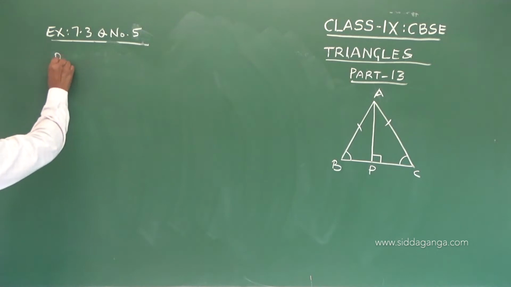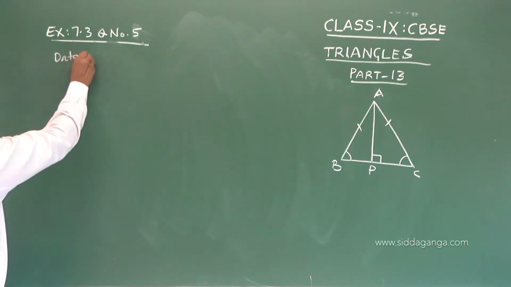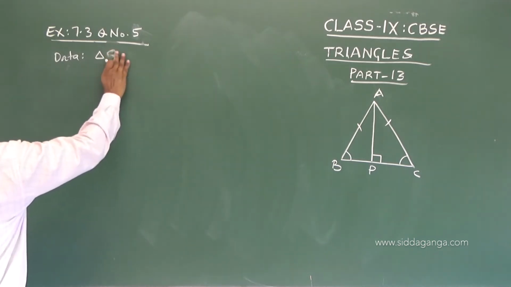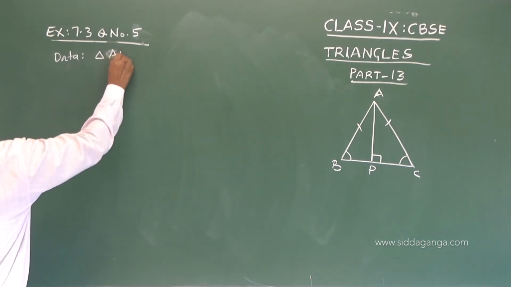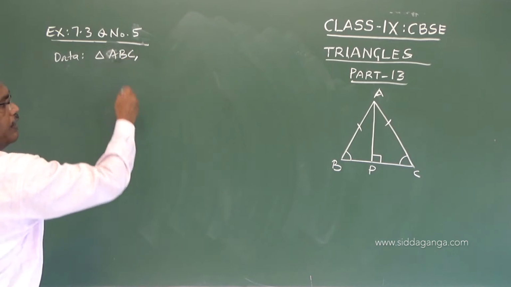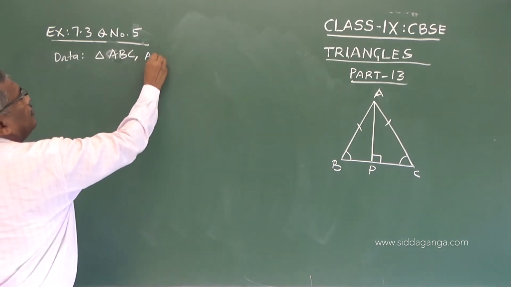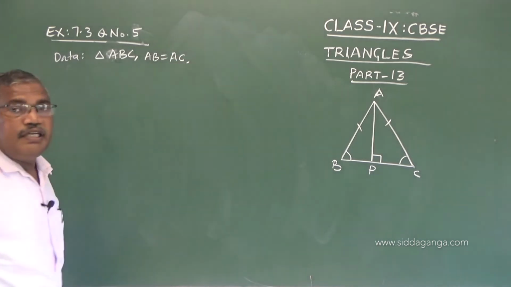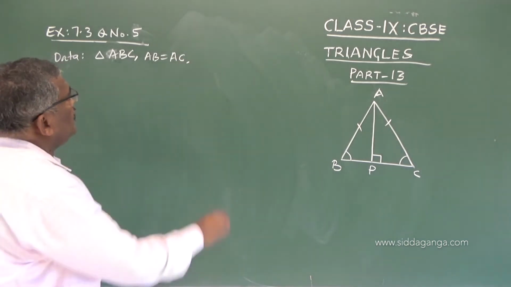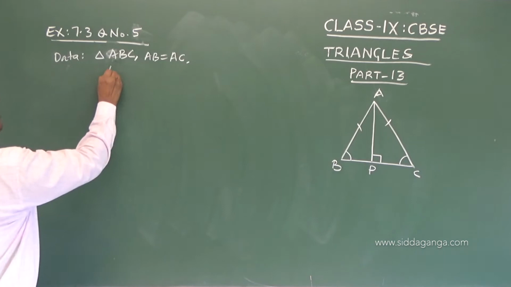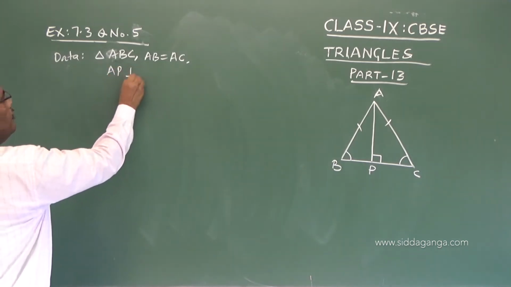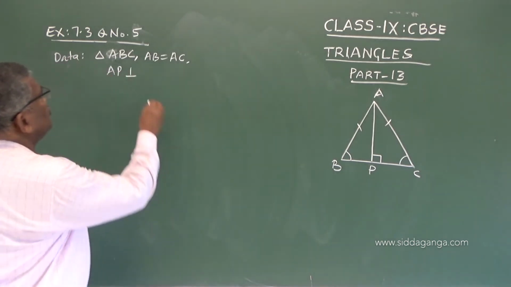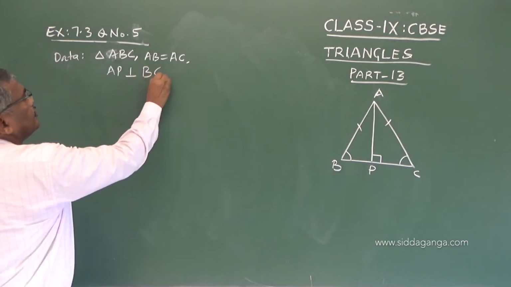So the data is, triangle ABC is given, where AB equals AC, and AP is perpendicular to the base BC.